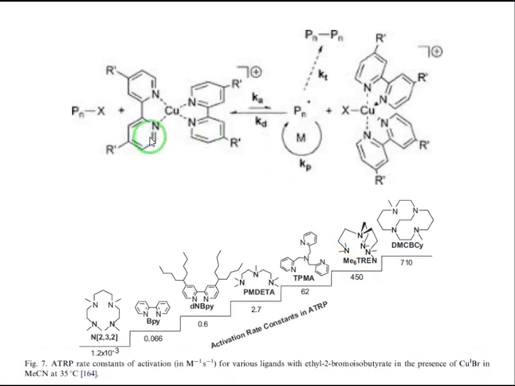This halogen has affinity towards the transition metal. Here we have copper, it can be some other metals as well. And when this halogen is detached and connected to the metal, there will be a radical present for the propagation, in order to connect to the other monomers that are available.